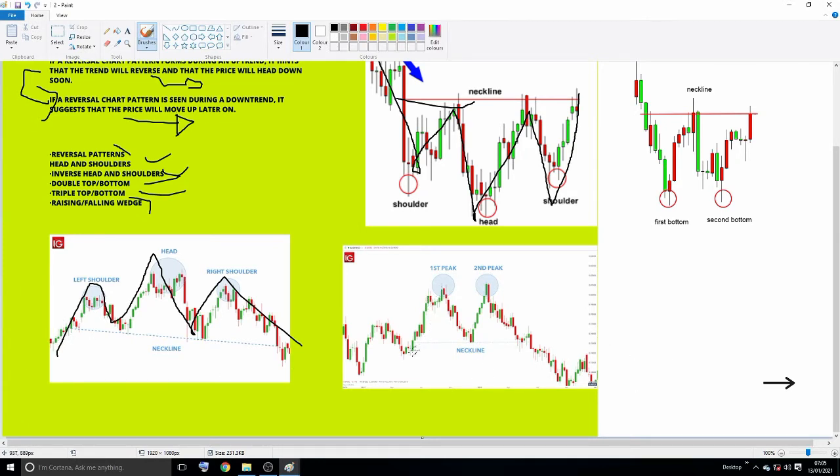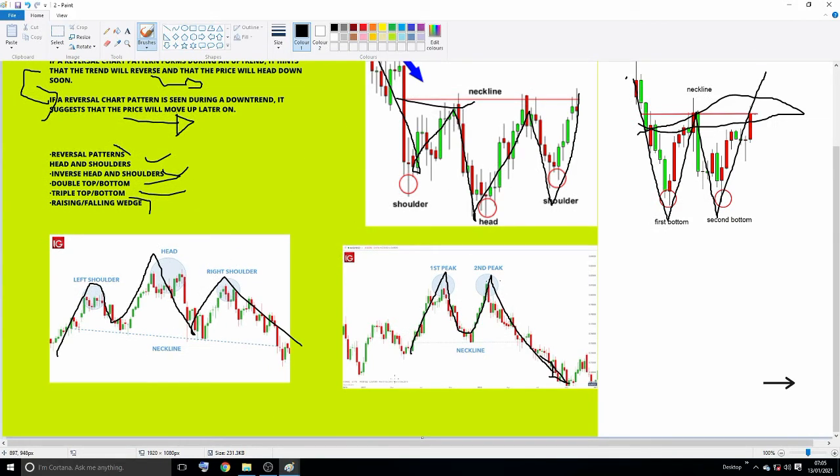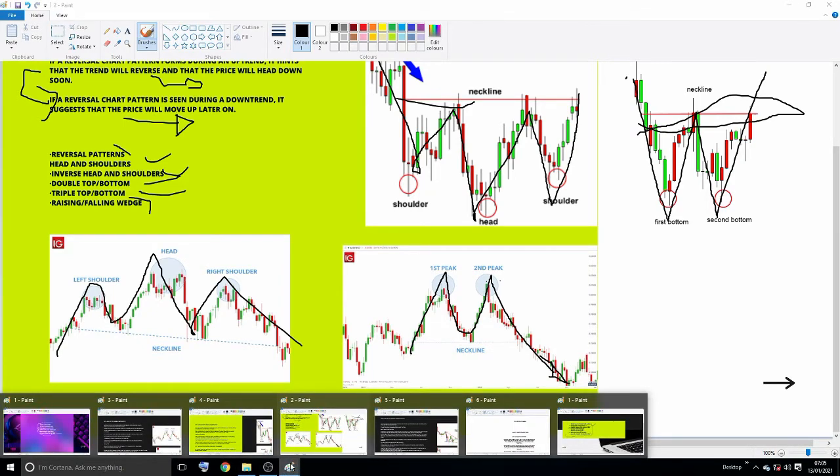Then we have a double top: one top, two tops, and we can start looking for trades. A double bottom is the opposite of a double top: one, two, and then you can start looking for trades on the neckline. These are a few reversal patterns you can look for on the chart, and you can also build a strategy on them after you take your time to practice using these patterns.